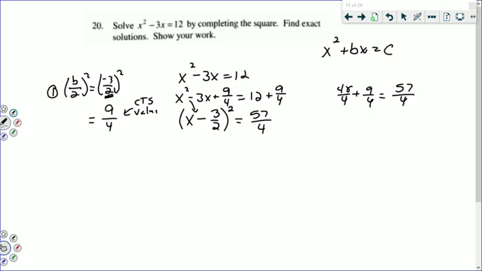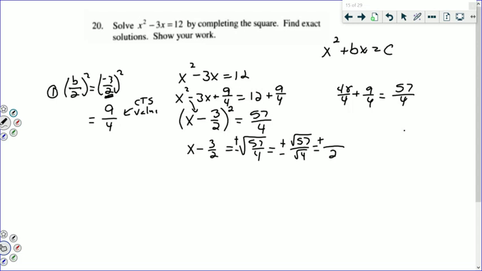So then we are going to take the square root. X minus 3 over 2 equals the square root of 57 over 4. Oops, plus or minus. Sorry, forgot my plus or minus. It's going to be the same thing as plus or minus the square root of 57 divided by square root 4, which is going to be plus or minus something over 2.